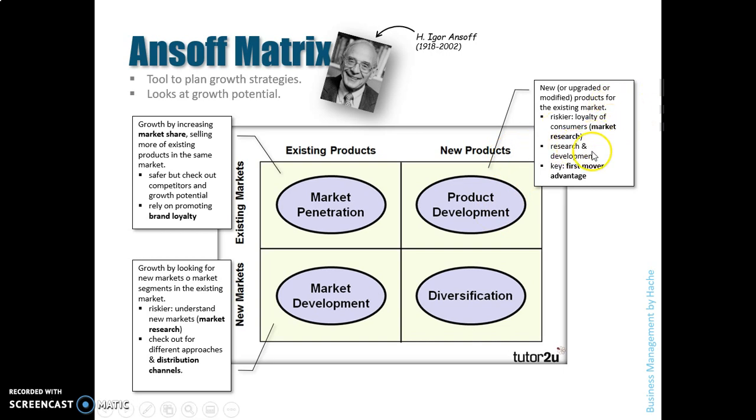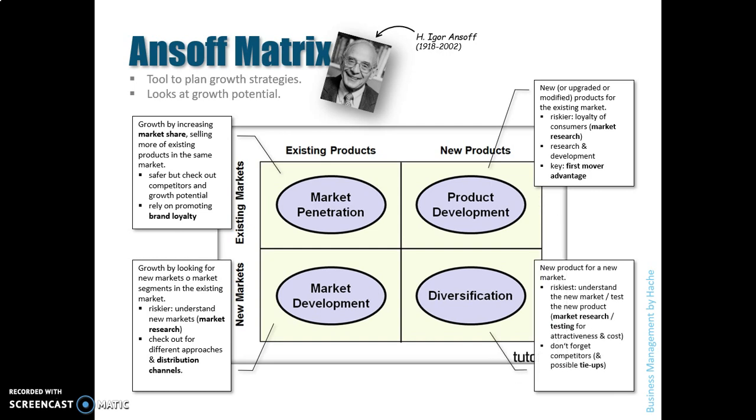There will be an additional cost for research and development of the new products. Okay, so you have to consider that this will be costly too. And a key factor for being successful at product development is that you have to be the first mover. You have to get the first mover advantage, which means you have to be the first business among all competitors to move and propose the new product. Okay, so that's your advantage.